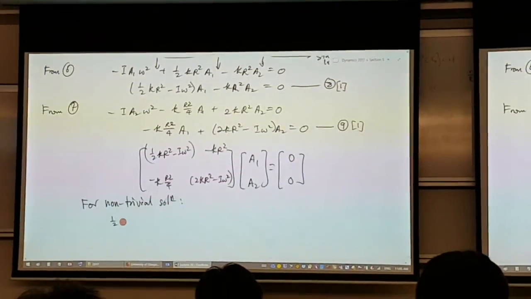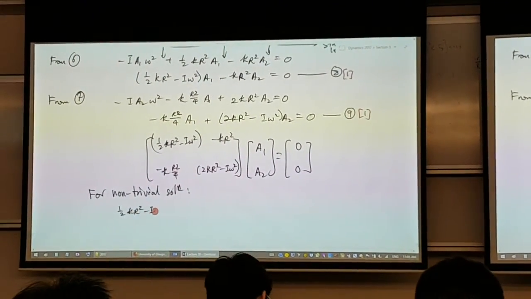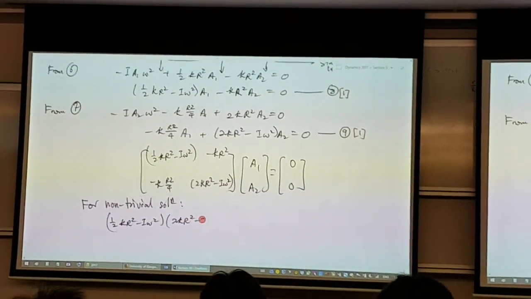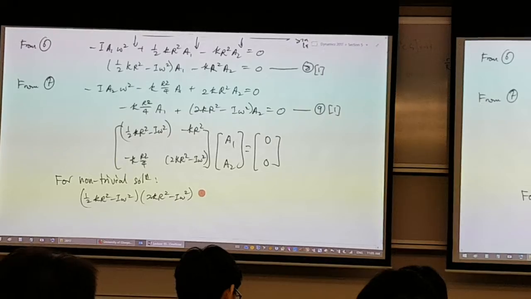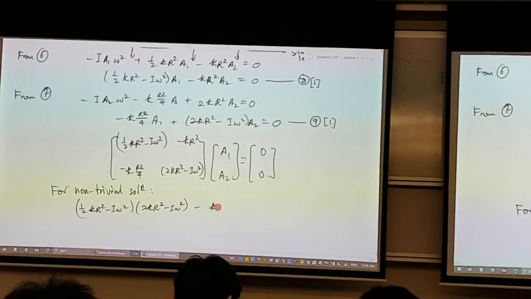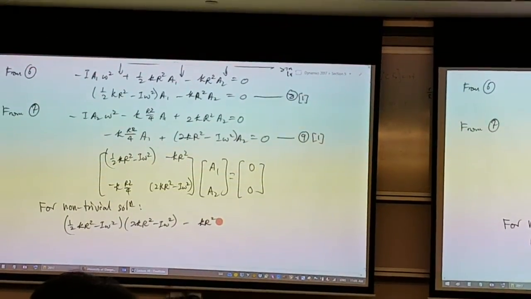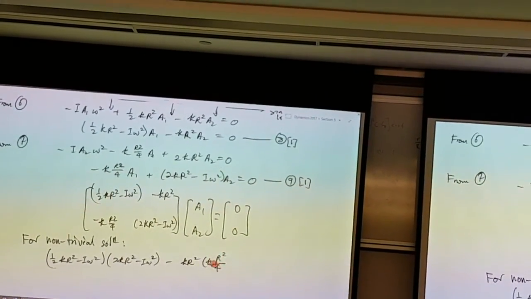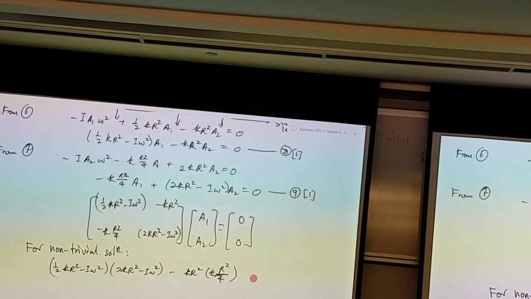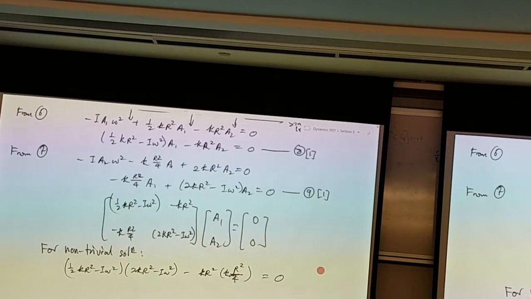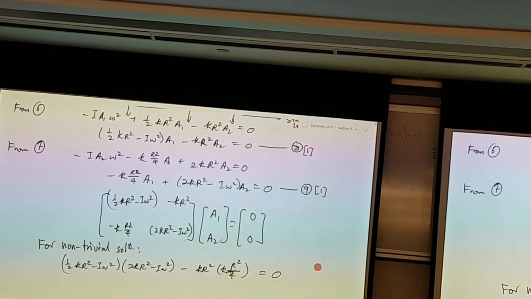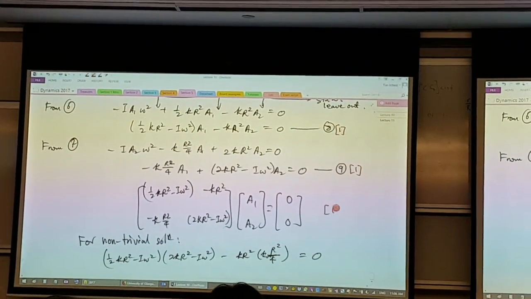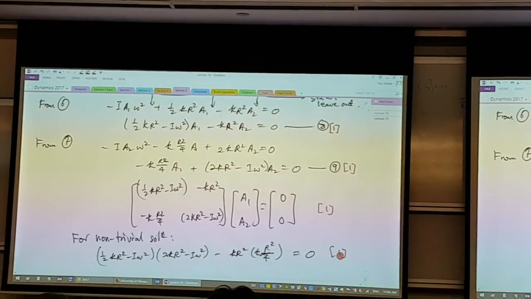So that means half kr squared minus I omega squared, multiplied by 2 kr squared minus I omega squared, minus kr squared over 4 times kr squared over 4. This equal to 0. So the distribution for the marks, this one is 1 mark, this is 1 mark.